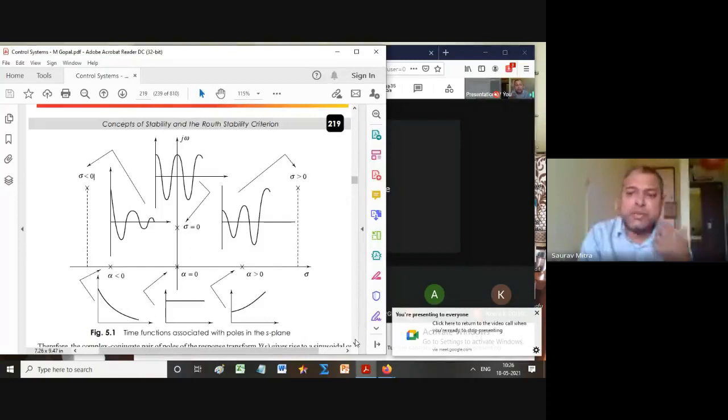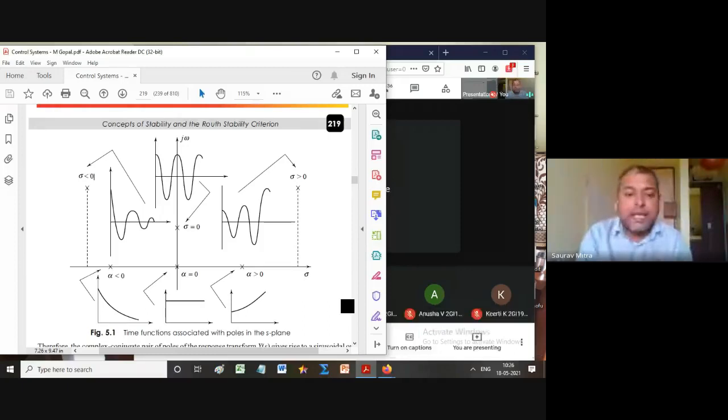Those who have laptops, those who can, execute the program. So here it is alpha is equal to minus 5. Alpha is equal to minus 5 is the position of the pole in the S-plane. In this experiment I'm going to define a position of the pole, and you have to tell me what the time domain response of that will be.